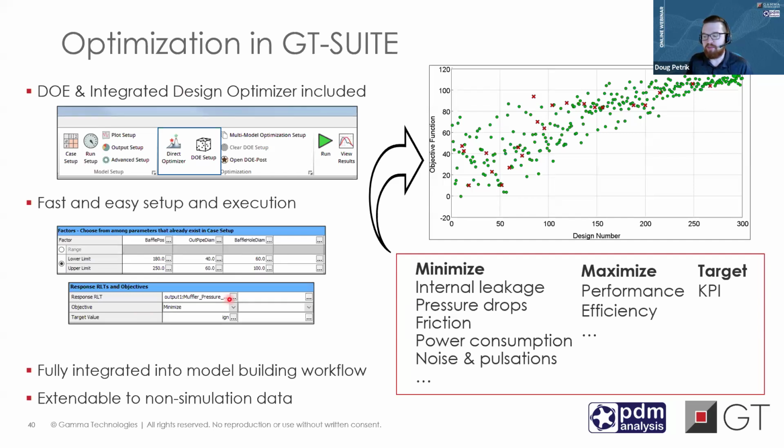You may want to minimize leakages, minimize power consumption or noise and pulsations, and ultimately maybe maximize performance. You could also put multiple responses here if you wanted to perform a multi-objective analysis and even do something like a Pareto optimization so you can see the trade-off between maybe efficiency and pulsation attenuation, for example.